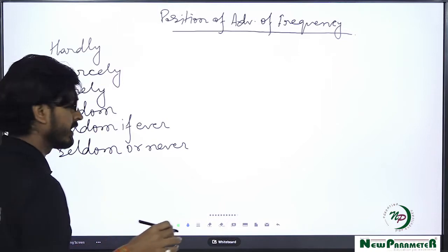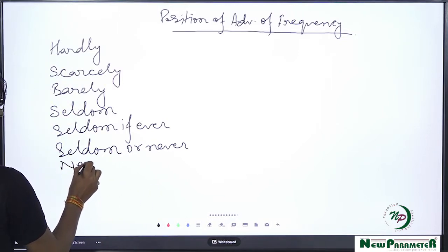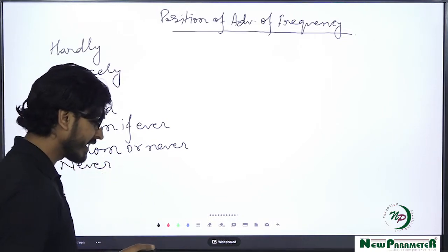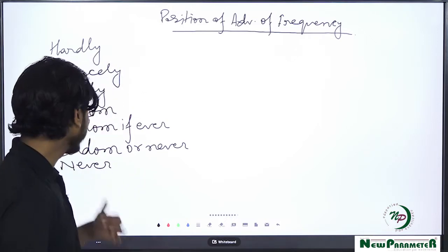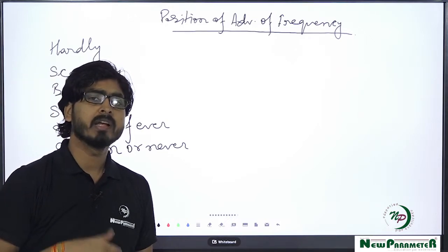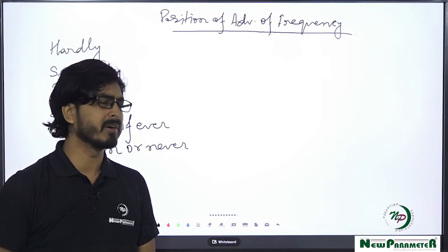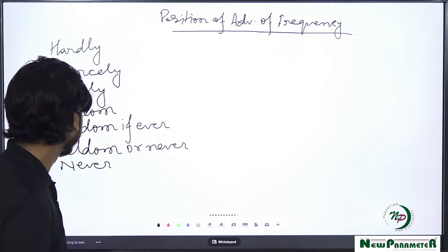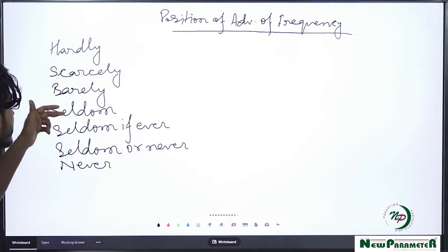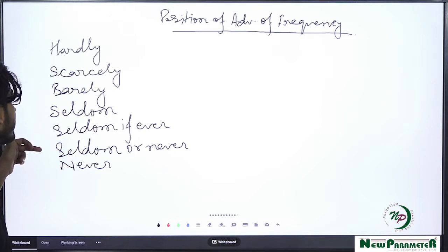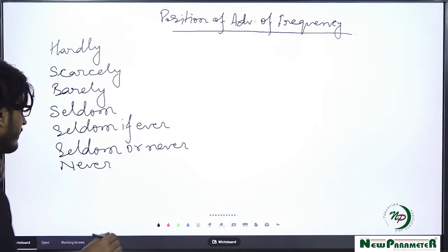I must write here never also, but don't get confused that never is also considered an adverb of negation or negativity, but we will not go to that depth. We can say hardly, scarcely, barely, seldom, seldom if ever, seldom or never, never.